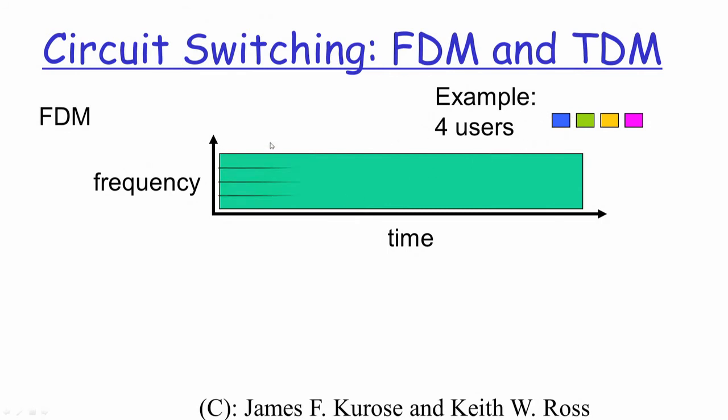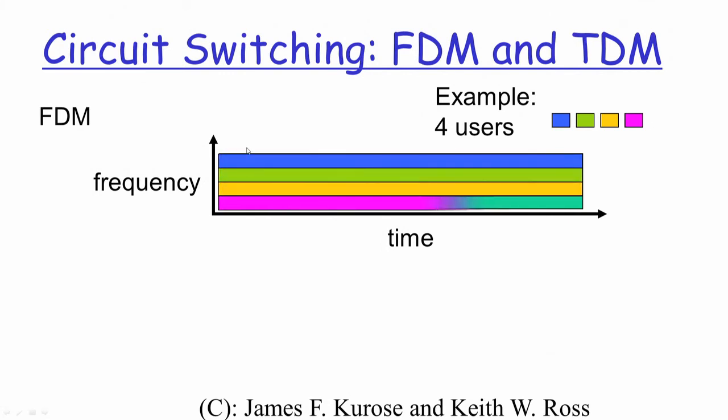So, we split the frequency across 4 different bands, and each of those bands is typically allotted to one user, right. The first band, from this particular frequency range to this particular frequency range, will be assigned to this user, and so on and so forth, right.